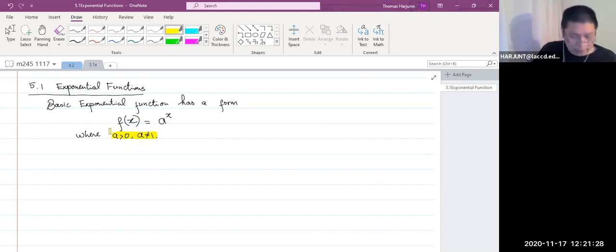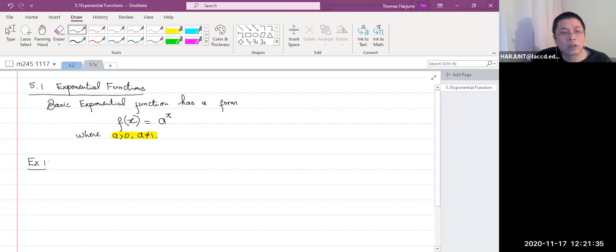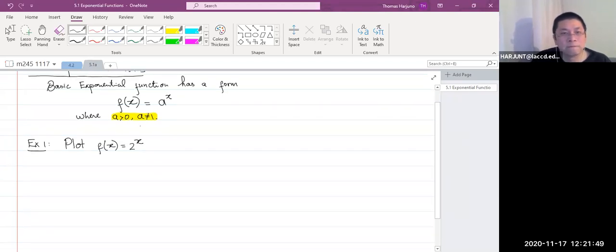Okay, but the focus here will be on the graph first. When I teach this part, I usually start with graphing by plotting. Plot f(x) equals 2 to the x. We want to graph it by plotting. So what does it mean? It means I want you to create a table of x, y, and therefore the coordinate (x, y).